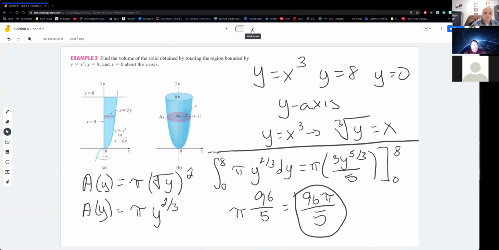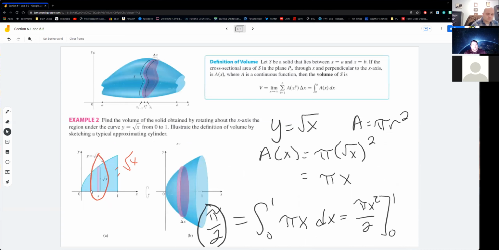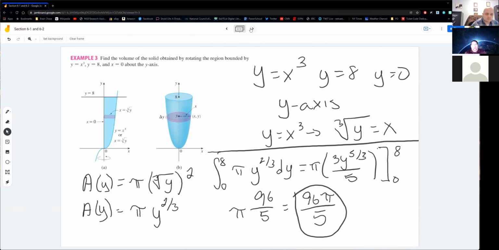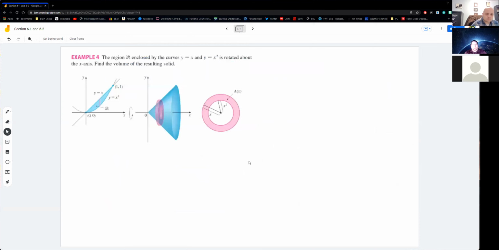Now let's do one that's a little crazier. So you've seen the basic concept when it's rotated. Notice each of these only have one shape, so we're just taking that one and rotating it around. We did it around the x-axis. We did it around the y-axis. Now we're going to take a shape that's actually made up of 2 equations and rotate it around.